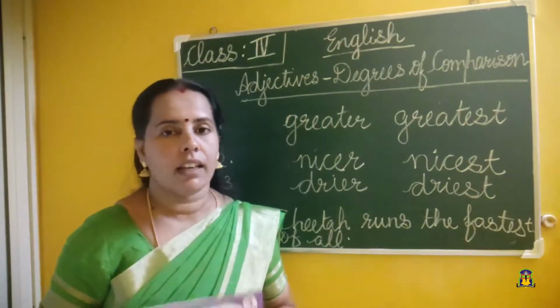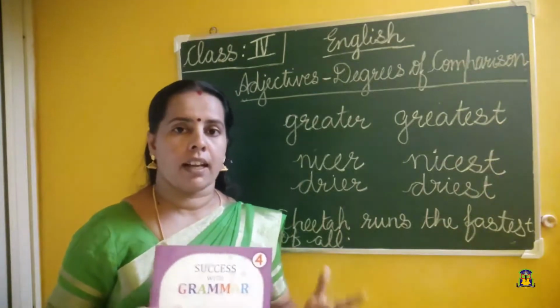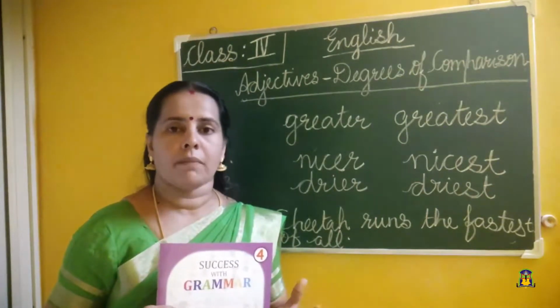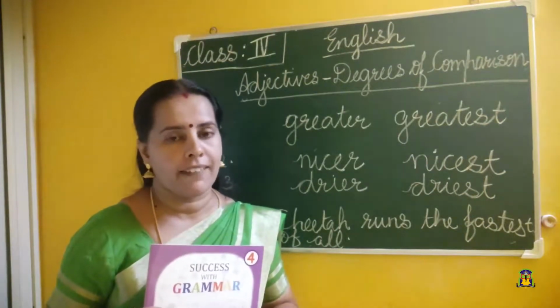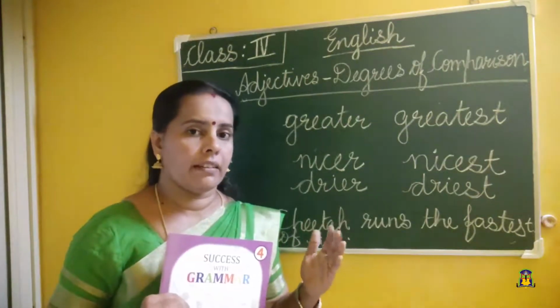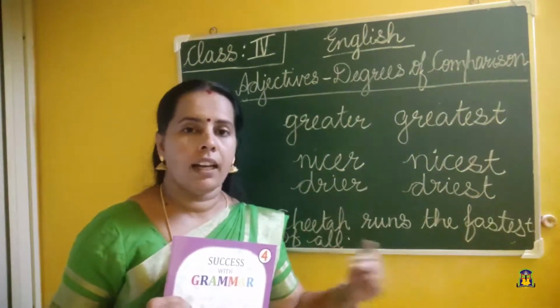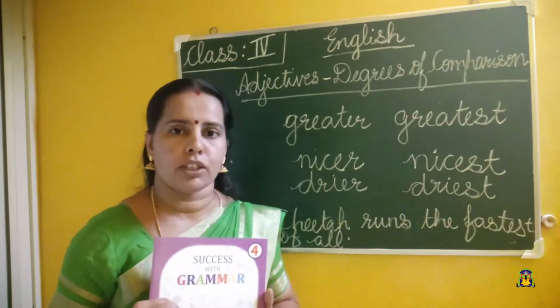The, the. Okay, that is very important. The fastest, the best. Okay, the heaviest. The should be added in superlative degree. And in comparative degree, than will come after the adjective. Okay, that is an important thing to remember.